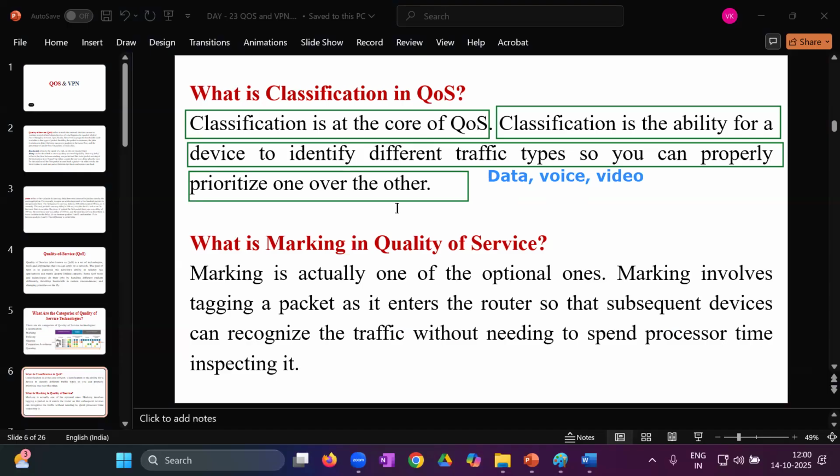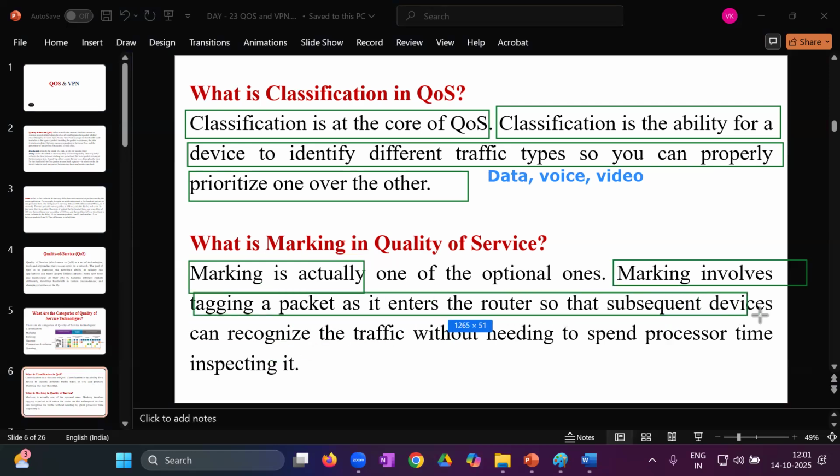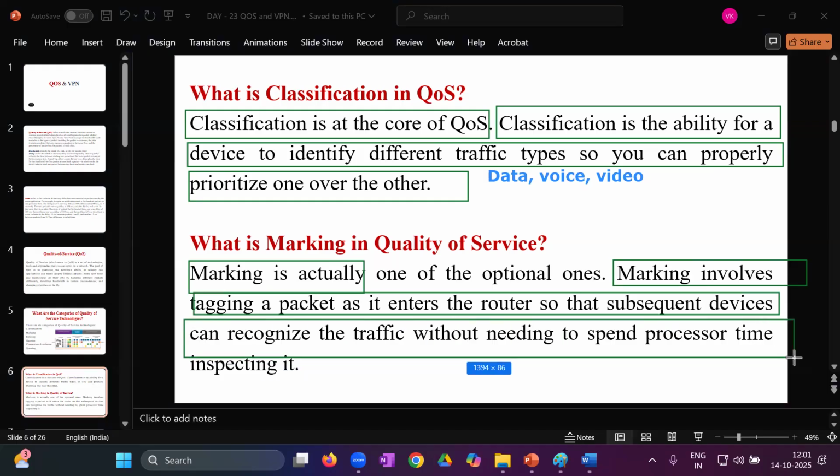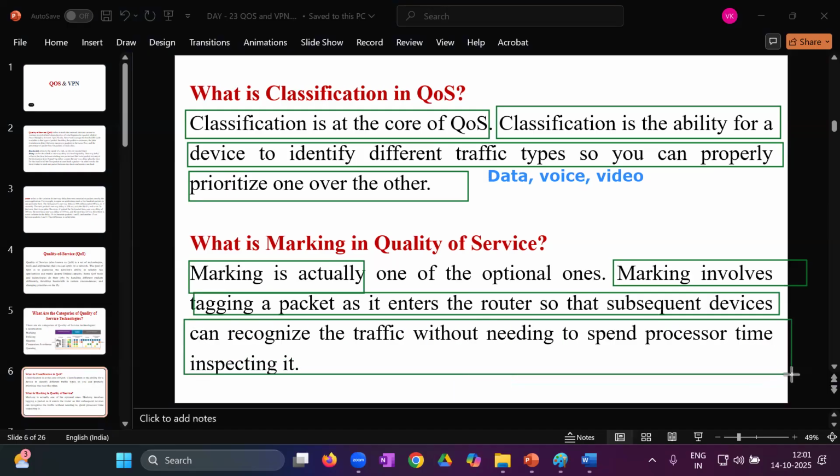Once the classification has been done, then what do you do? Marking. If you remember tagging in the VLAN, we used to add additional information. So here, marking involves tagging a packet as it enters the router so that subsequent devices can recognize the traffic without spending processing time inspecting it.